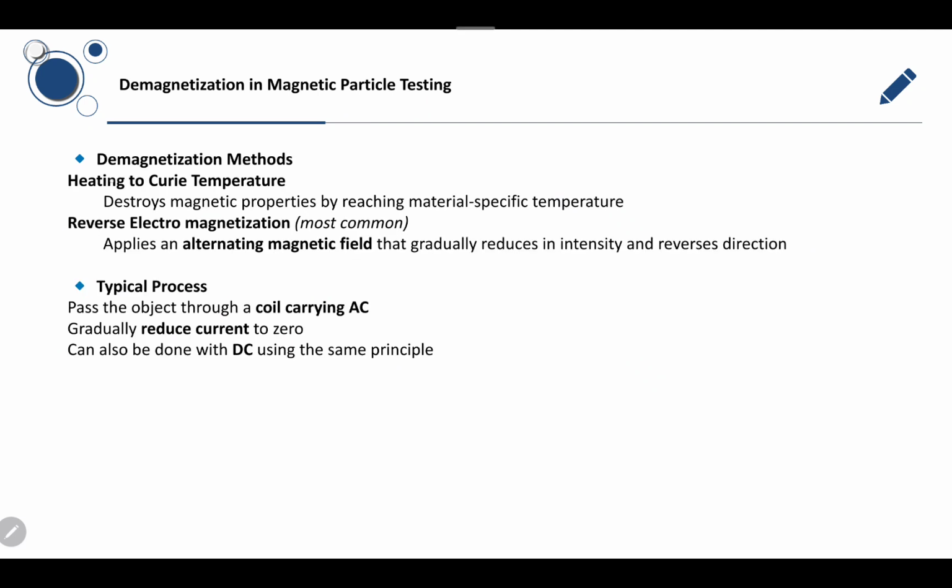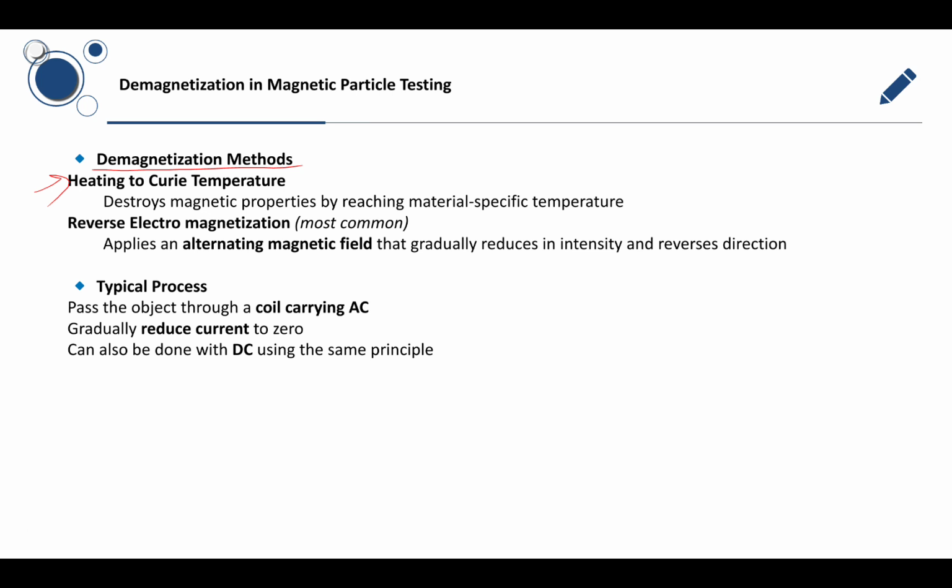Next, what are the demagnetization methods? First one is heating to Curie temperature. This method involves heating the material above its Curie temperature. First, we all know what Curie temperature is. It is the temperature at which a ferromagnetic material loses its magnetic properties and becomes paramagnetic. So, heating to Curie temperature means heating the material above its Curie temperature.